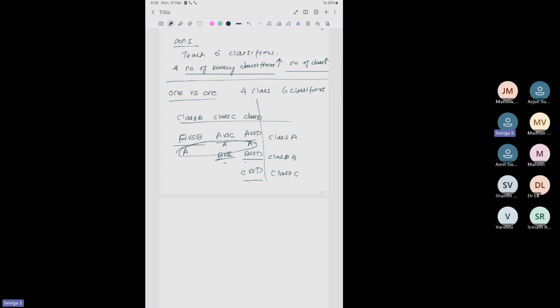The downside of 1 versus 1 is that it needs more classifiers when compared with 1 versus rest.